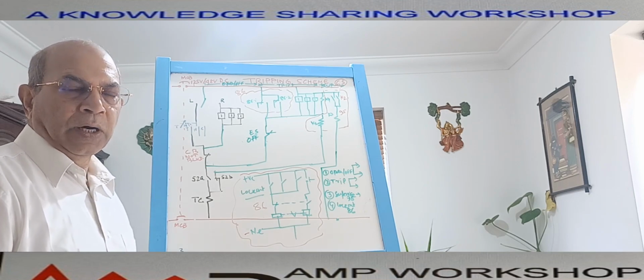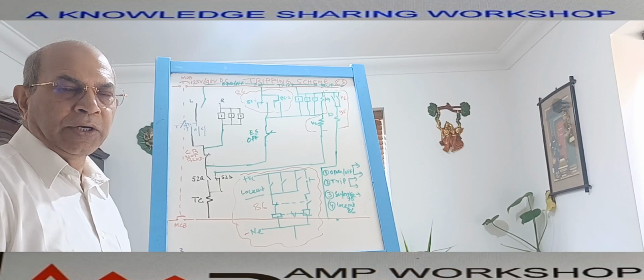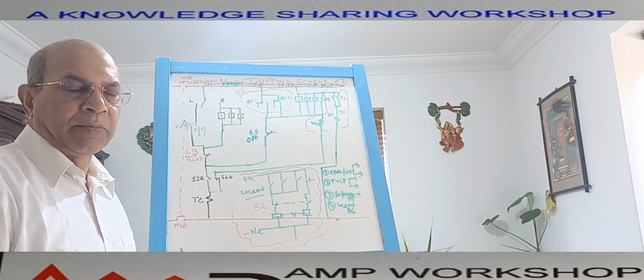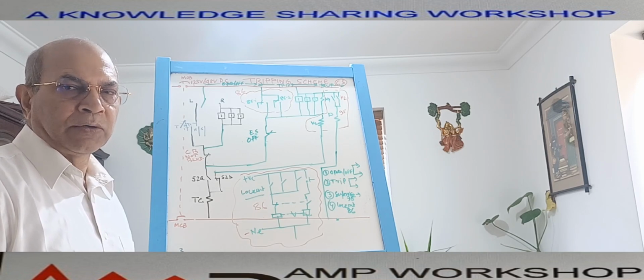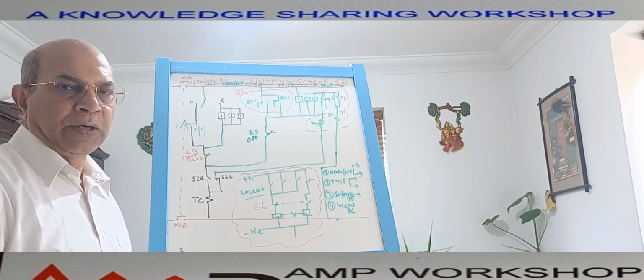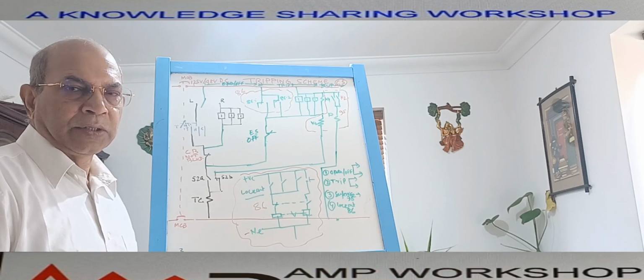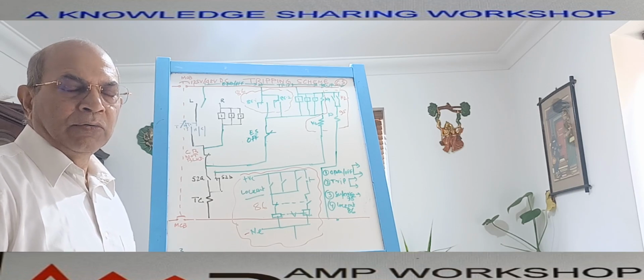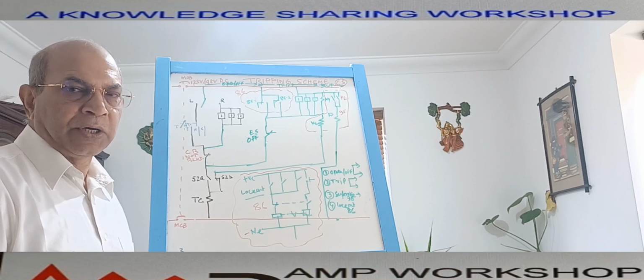Now, under this workshop 8, we have already completed 3 sessions. In session 1, we discussed the various parts of the control schematics. In session 2, video number 63, we discussed the closing schematics of a circuit breaker.